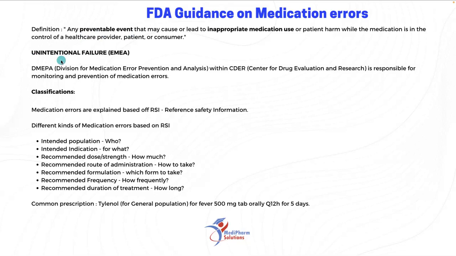So if the patient has unintentionally taken the drug, or the active moiety, that has led to inappropriate medication use or patient harm, then it becomes a medication error. We'll go into unintentional use in the common definitions and practical application of it.